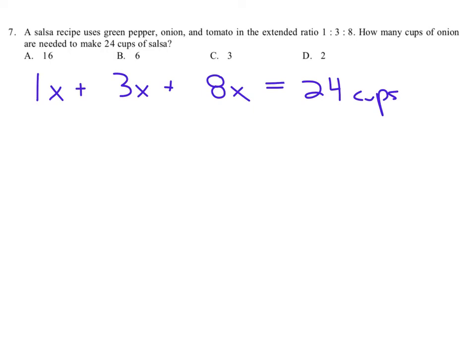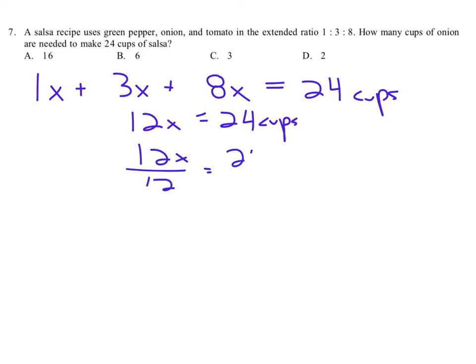So what we're trying to do is combine them all. We get 12x equals 24 cups. And dividing both sides by 12, we get x is equal to 2 cups.